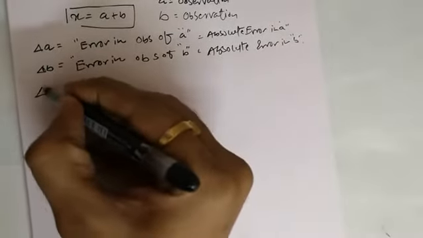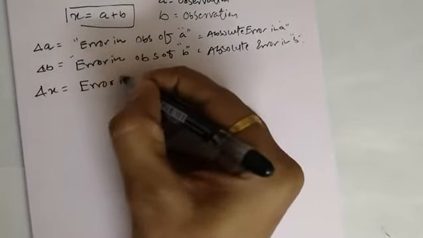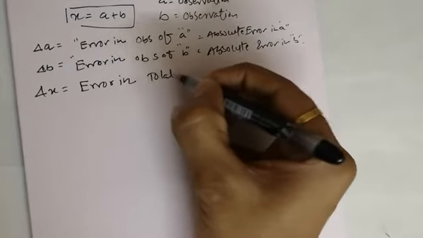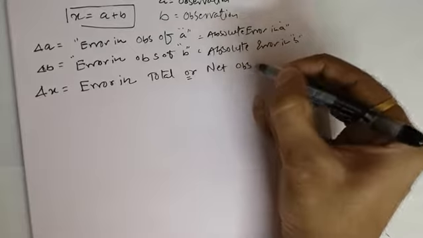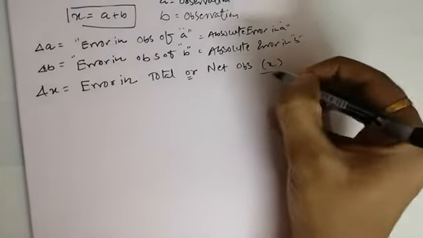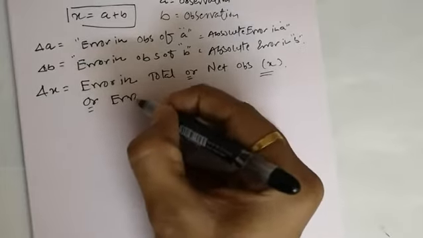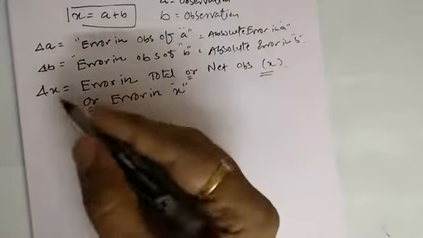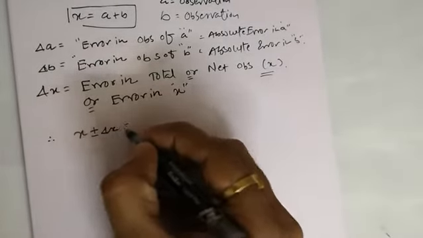So these are the primitive notations I have mentioned. First of all delta x, as per our notation, is the error in the total or net observation, which is called x, or you can generally say the error in x. So first of all I am writing x plus or minus delta x.